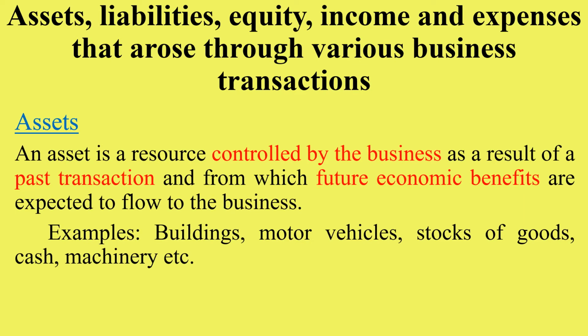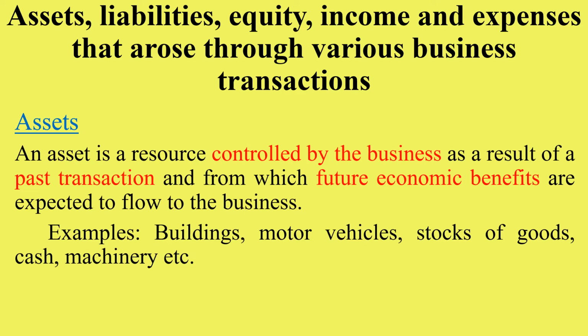The business should be able to take decisions regarding this asset based on their discretion. Suppose you are conducting your business in a building which you have acquired for rent. Such a building you cannot consider as an asset for your business because you cannot control it. You have acquired it on a rental basis.